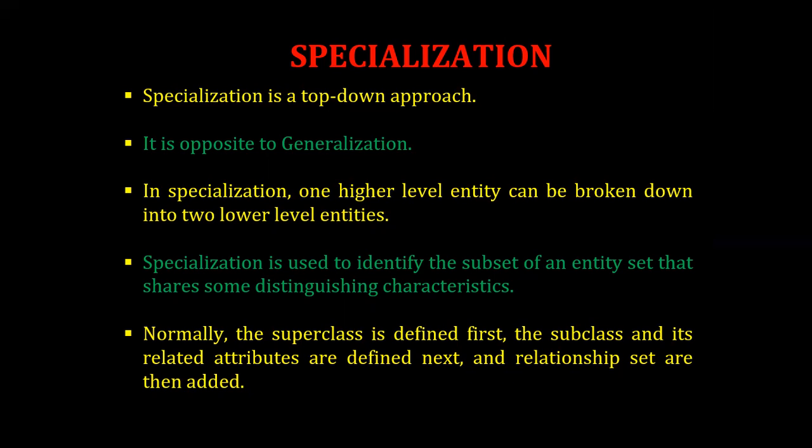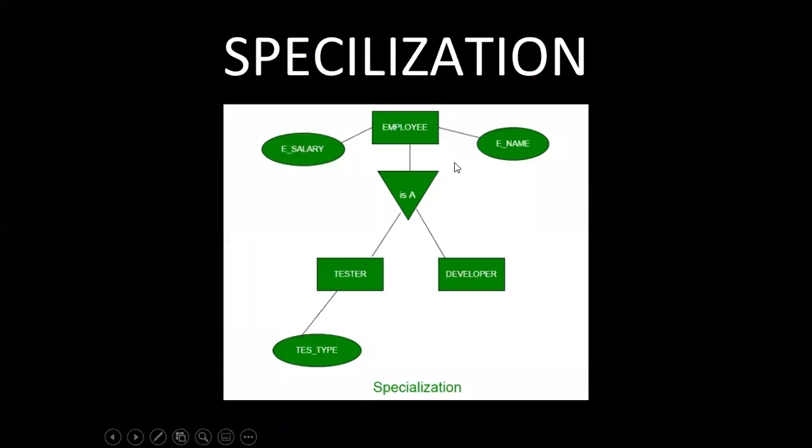First we define the superclass, and then the subclasses and their related attributes can be defined, and we can form relationships between those subclasses in the next lower level. So specialization is a top-down approach.